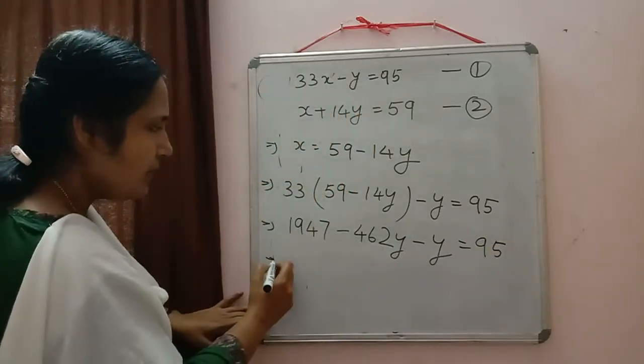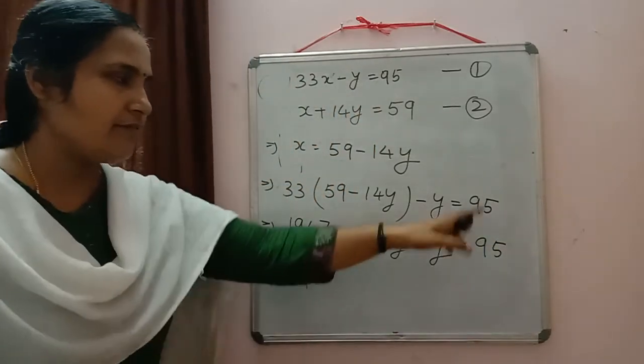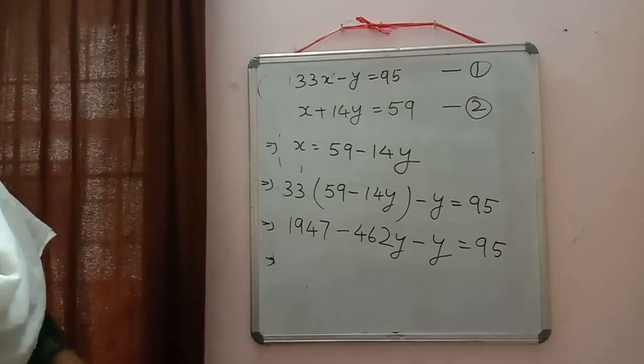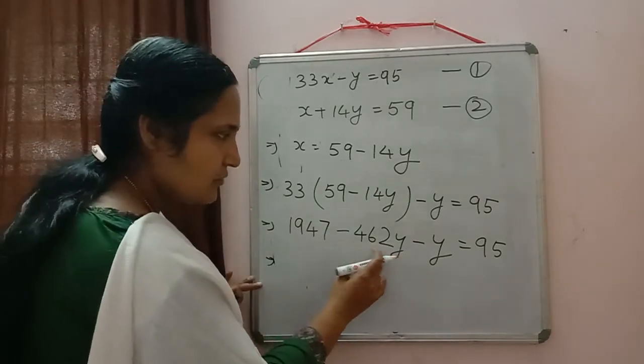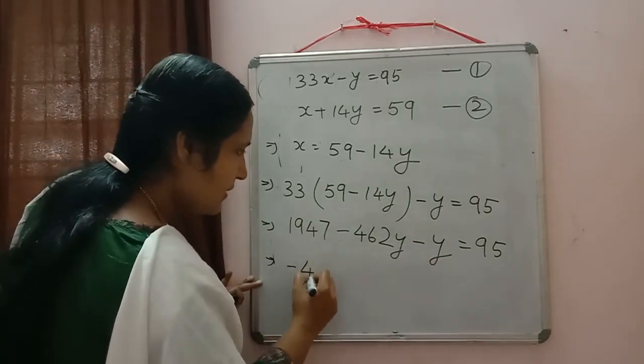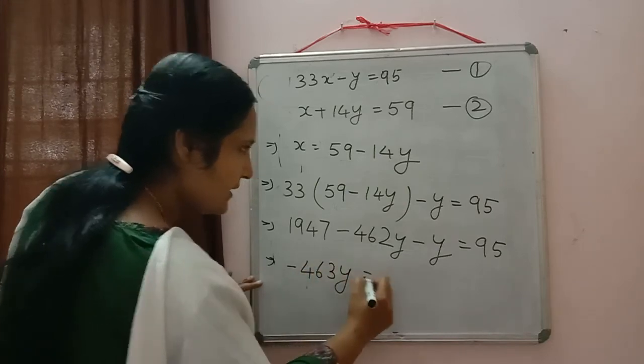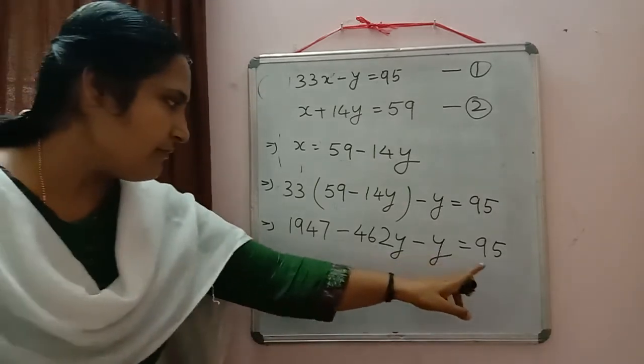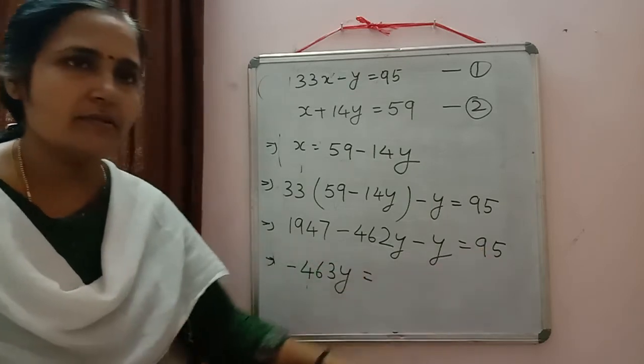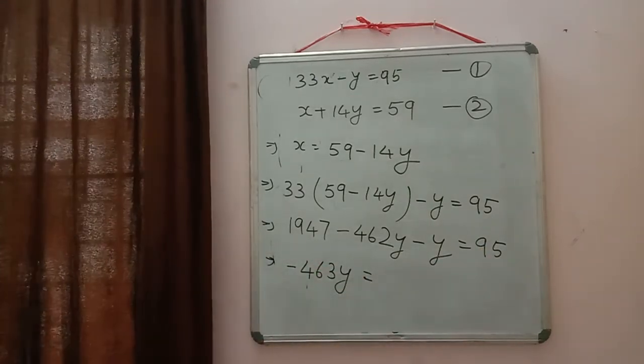Now what we will do? We'll shift 1947 to the right hand side. Minus 462y minus y, that will be equal to minus 463y is equal to 95 minus 1947.